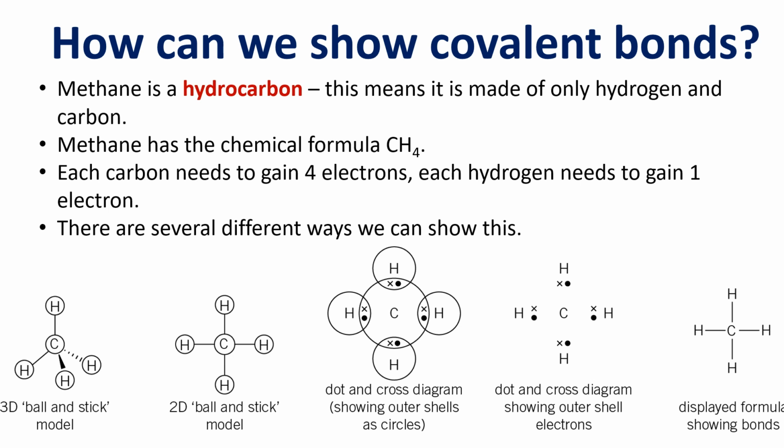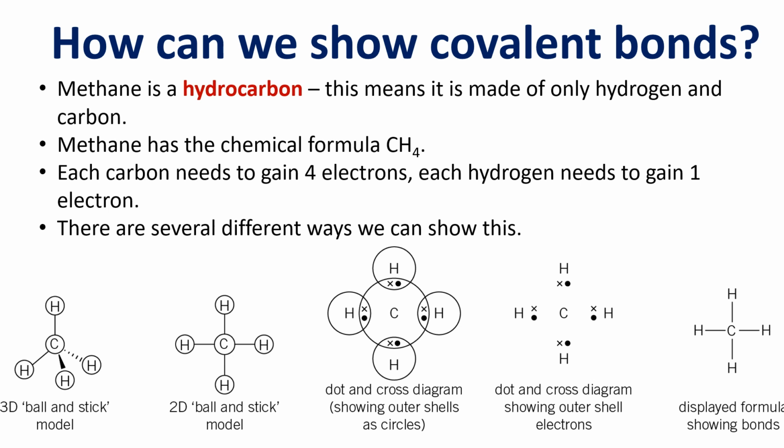And you might have to pick out the advantages and disadvantages of various models. So you might talk about the ball and stick models. They're good because they show you the ratio of atoms clearly, but they don't show you the bonding electrons.